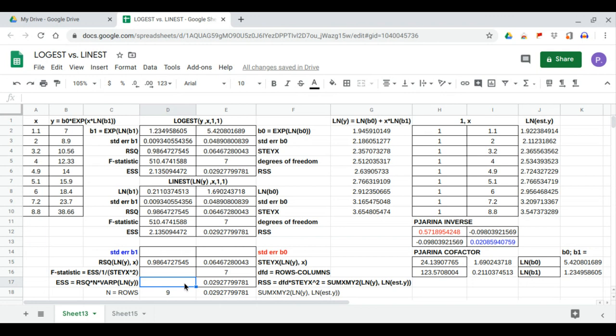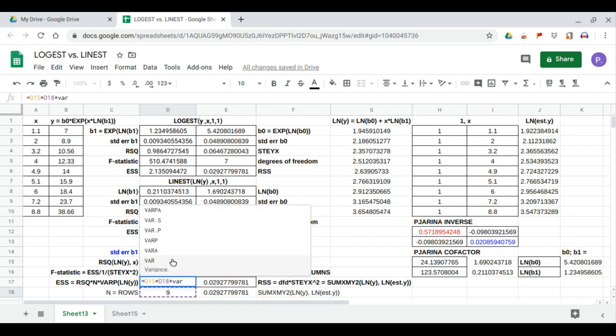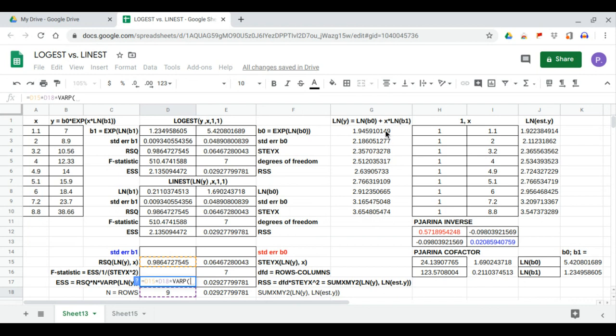Now we can calculate for the regression sum of squares, which is equal to RSQ times the population times the variance of the population ln y. The variance of the population ln y. That's 2.135, which matches to our ESS or regression sum of squares in the LINEST output and the LOGEST output.